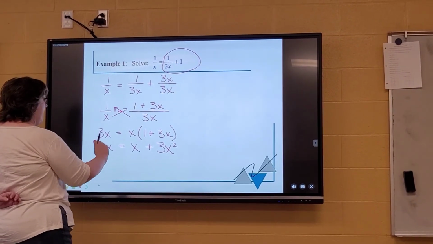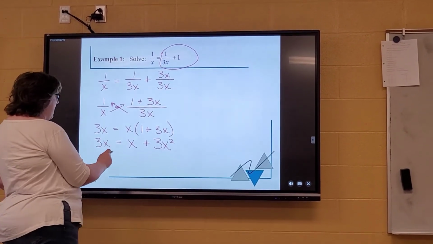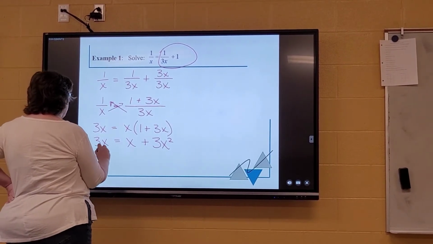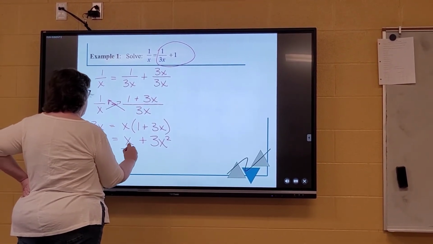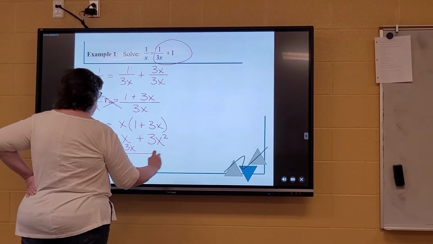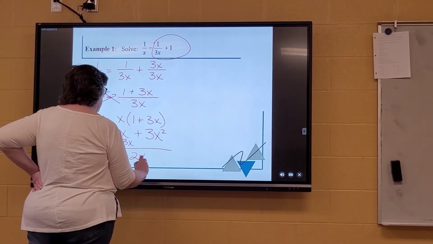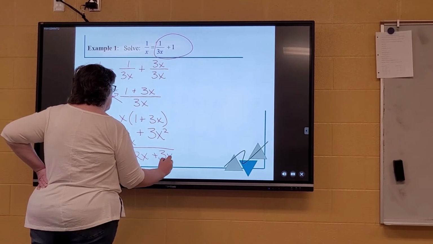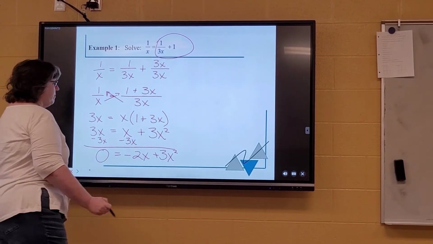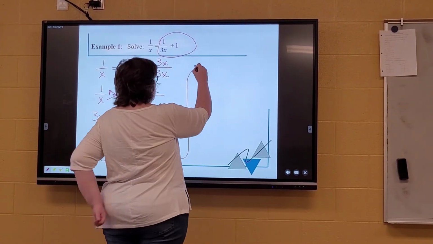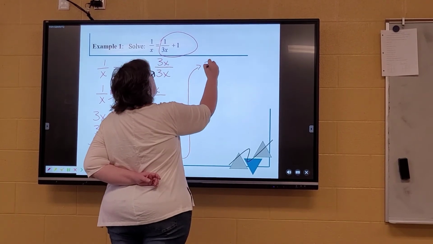If I'm going to have to factor it, I want a 0 over here, so I'm going to subtract 3x from both sides. So just rewriting this.